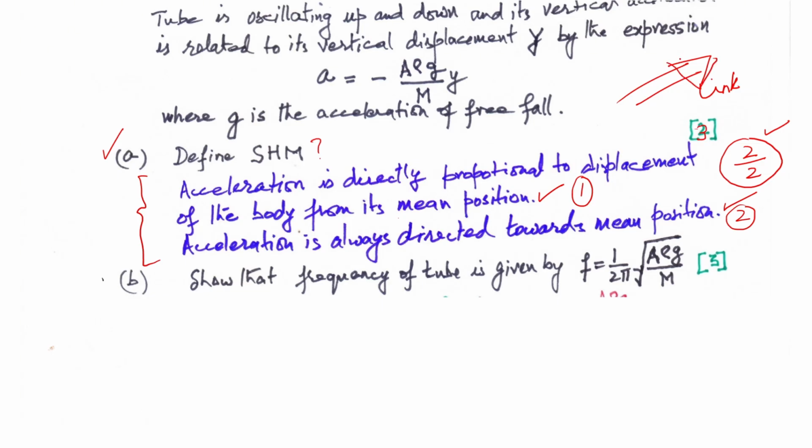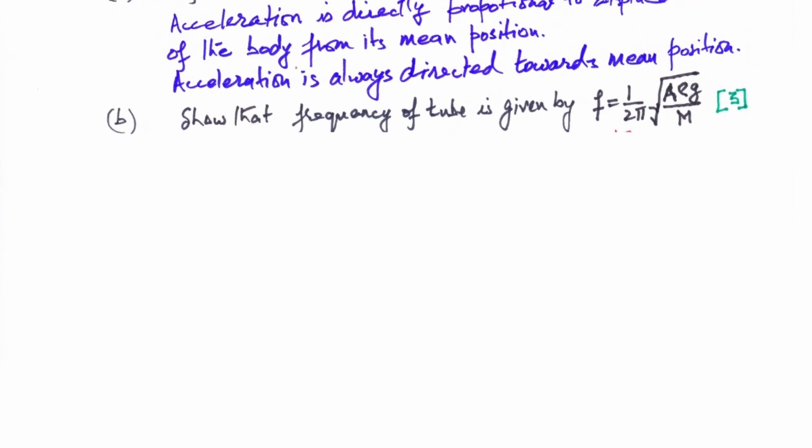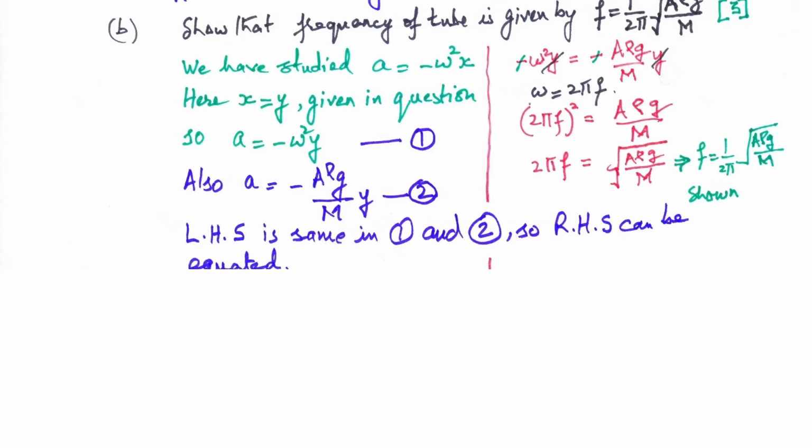Part B of the question is that you have to show the frequency of tube is given by the formula f is equal to 1 over 2π root A ρ g over M. Now, in order to bring frequency into the formulae of acceleration, we already know that acceleration is equal to minus ω square x.